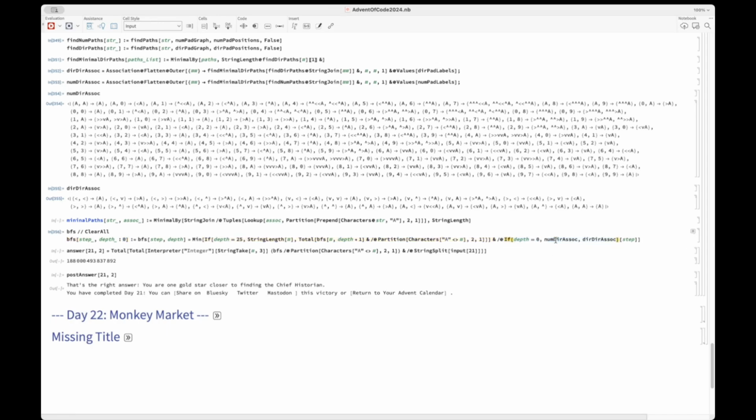Then I use either this association or this association, looking up all the possible strings for that step, and then I recursively prepend A and construct all the steps required to reach the next one, calling this search again with depth plus 1 and adding them up. As soon as I reach depth 25, I just return the string length.